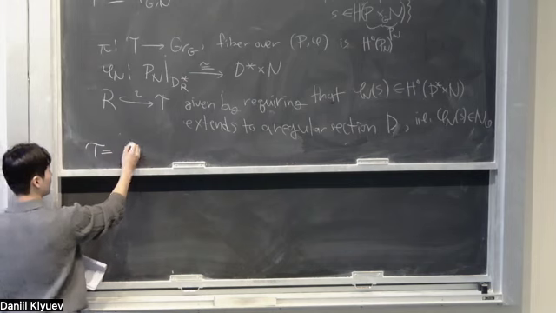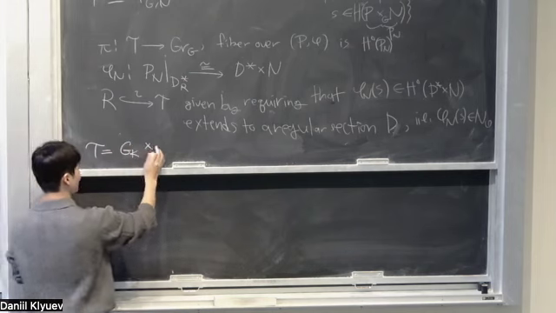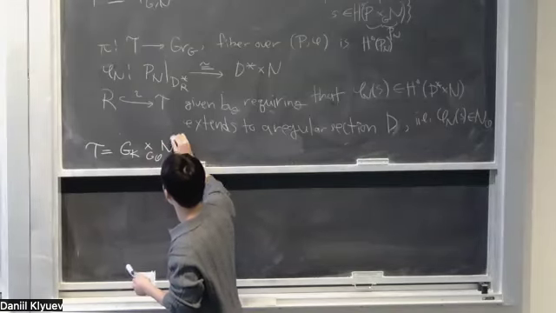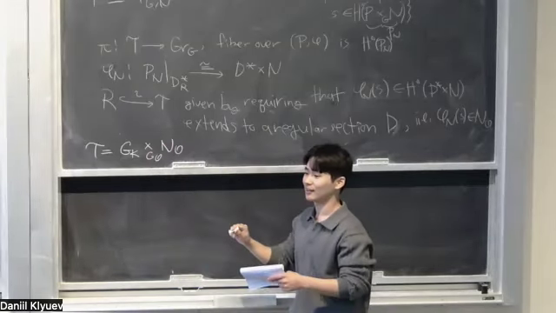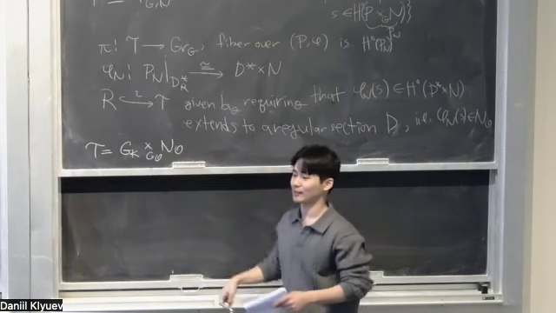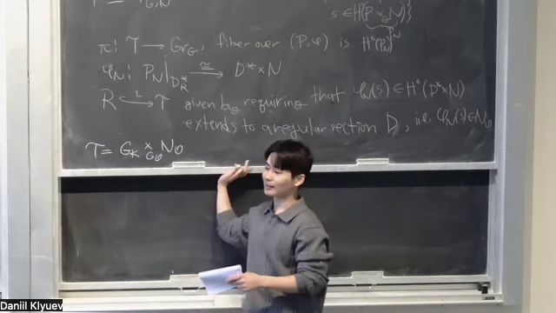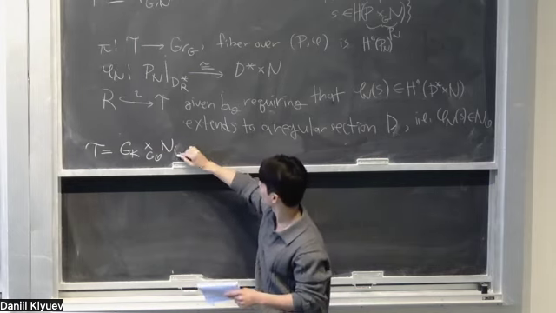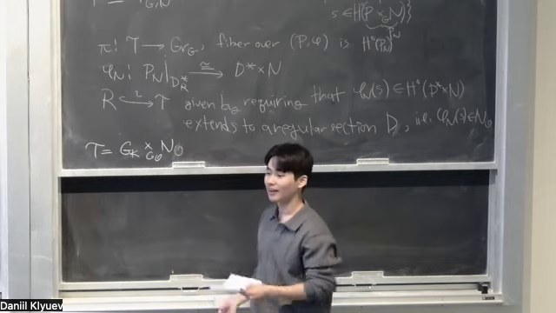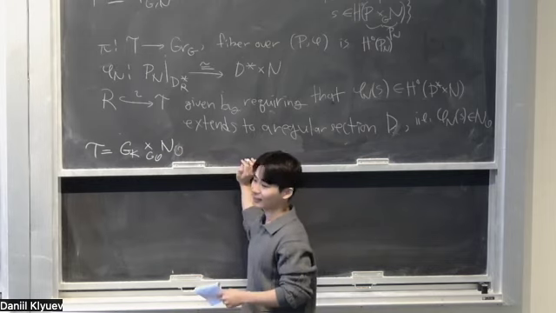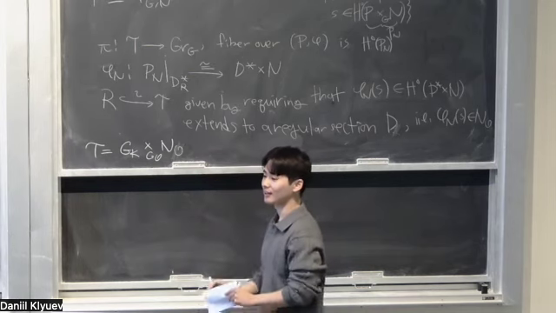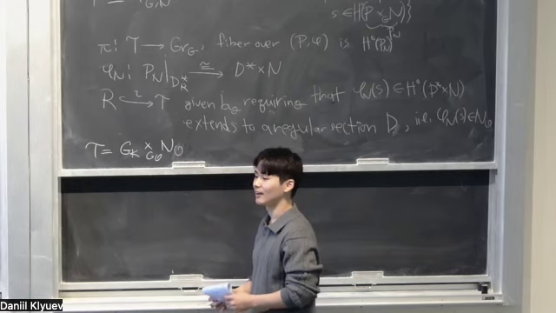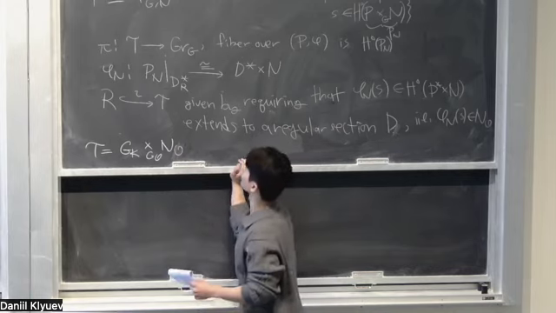The fiber is NK. If you choose some other trivialization, then you can send it to just NK. That is correct. Yes.